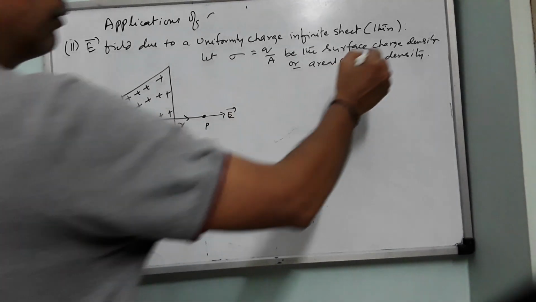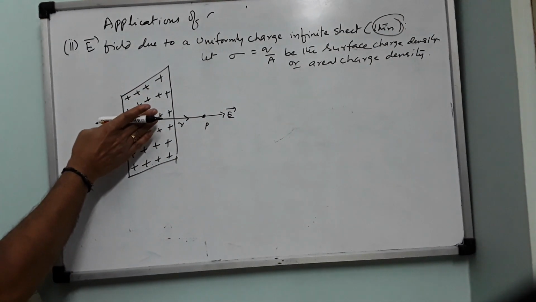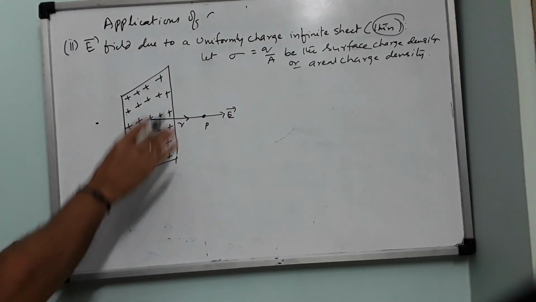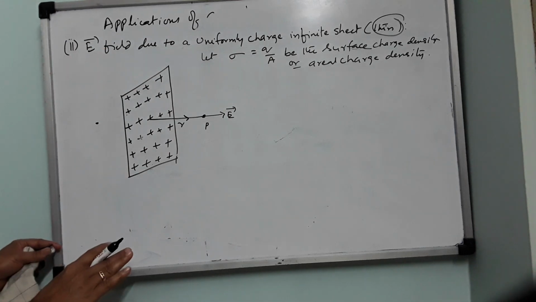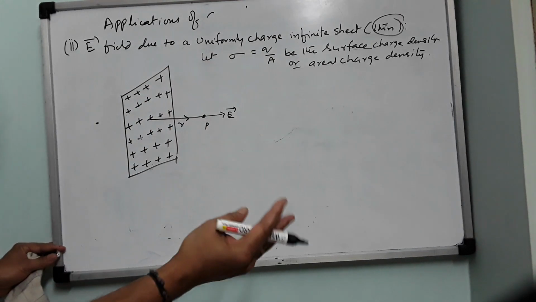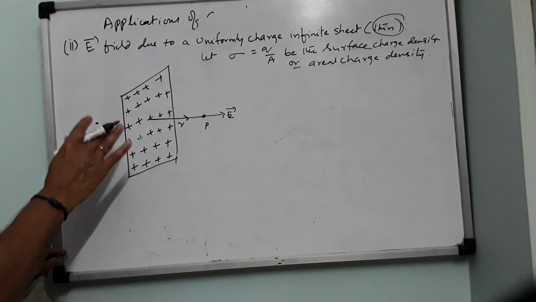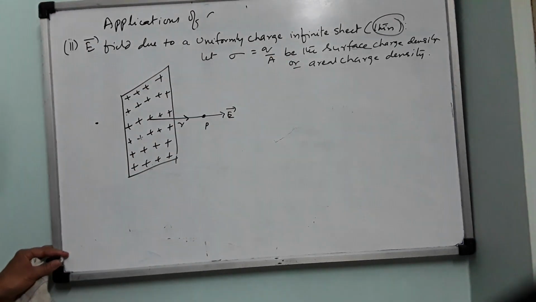now, the thin sheet. If it has a positive charge on the front face, it will have a positive charge on the back face also. If the sheet is very thick, if it shows a positive charge on the front side, it will show a negative charge on the back side, so then there will be a problem. That is why this is applicable to only a thin sheet of charge.